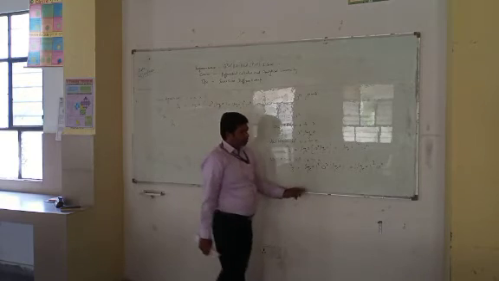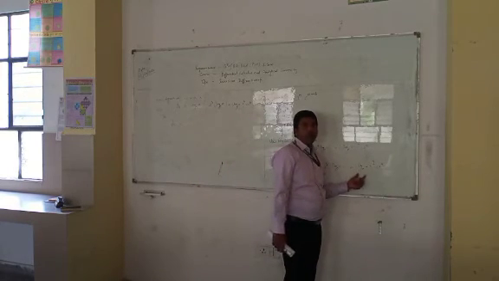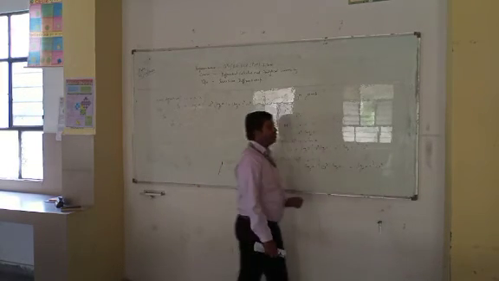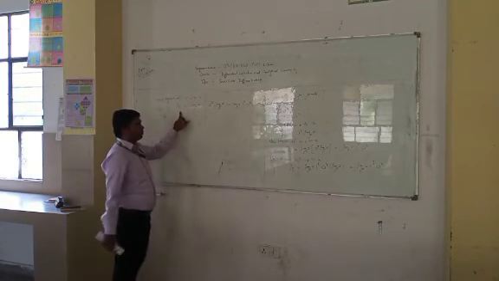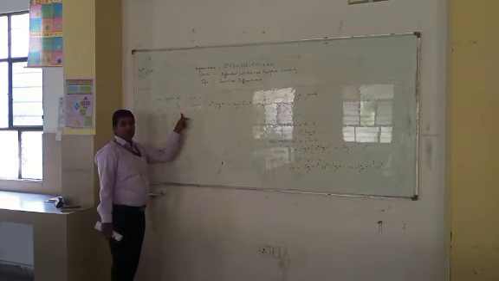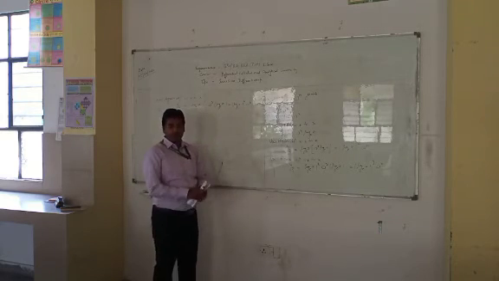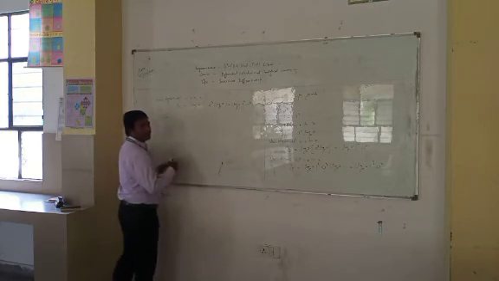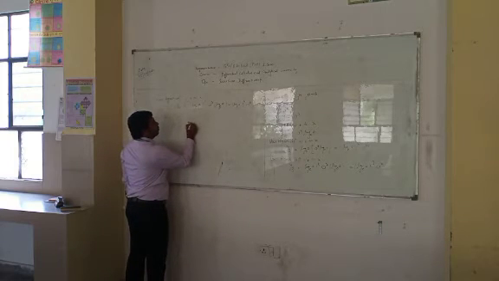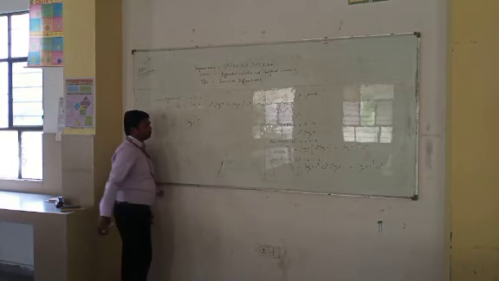In y3, log a to base e to the whole cube is constant. So y4, the fourth order derivative, contains log a to base e to the whole power 4 as a constant. So the nth derivative will contain as a constant log a to base e to the whole power n.